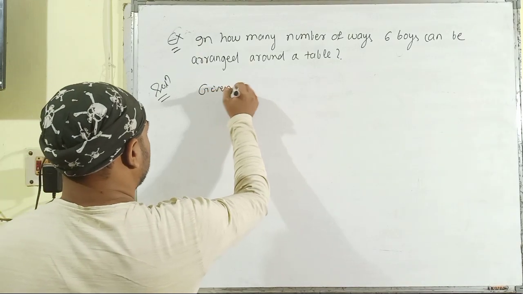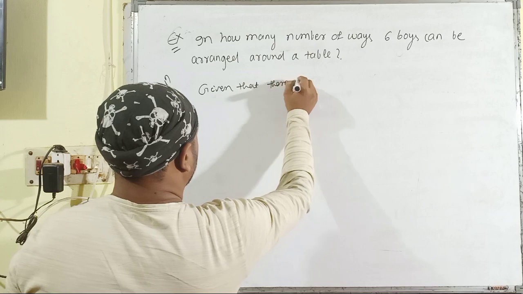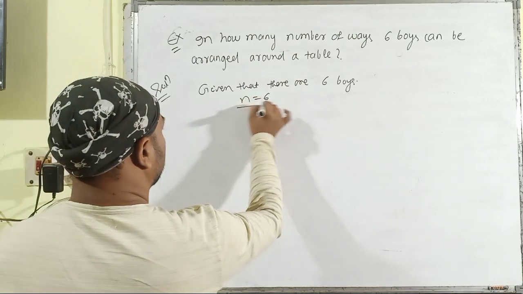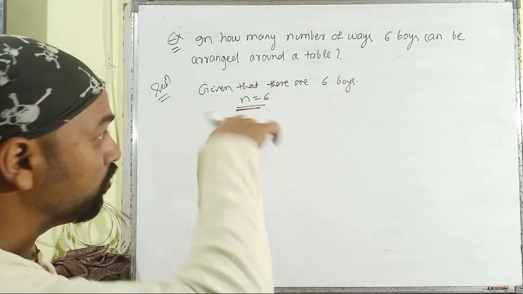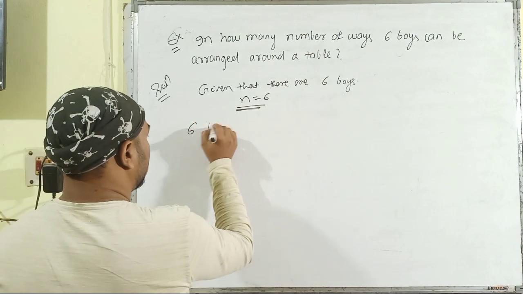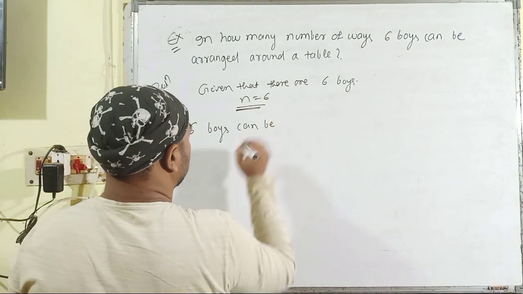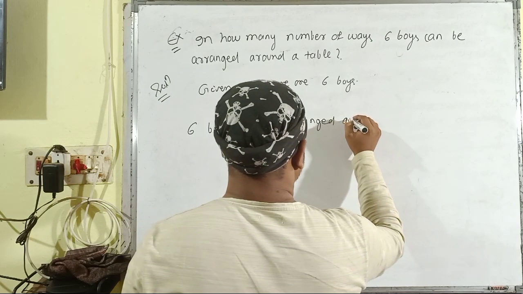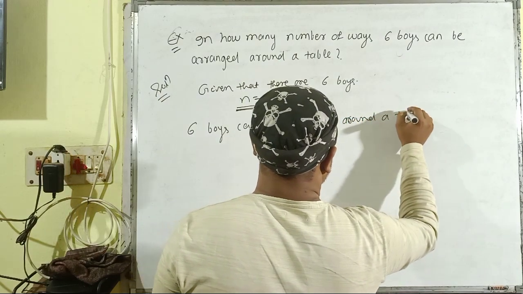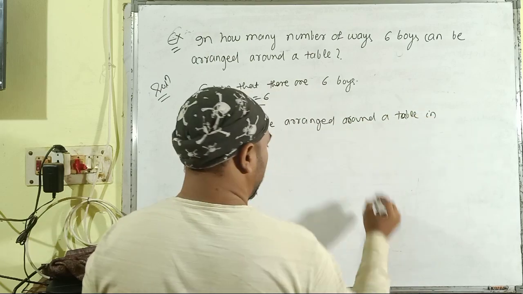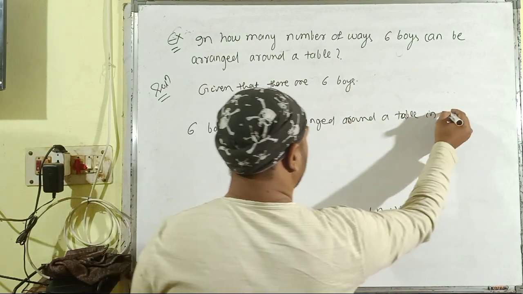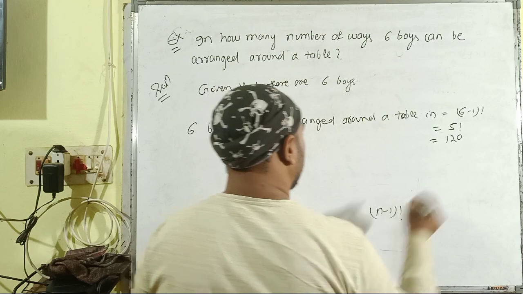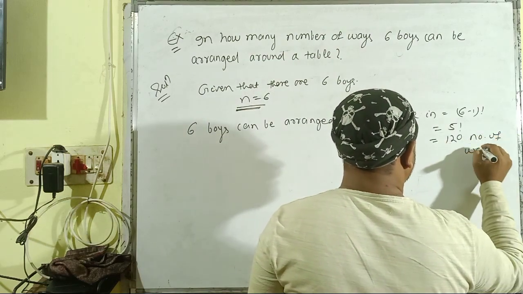Given that there are 6 ways, that means n is equal to 6, and we arrange these around a table in factorial of n minus 1 ways, that means factorial of 6 minus 1, that means 5 factorial, that means 120 ways.